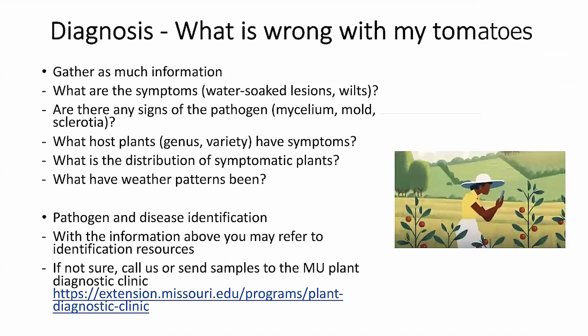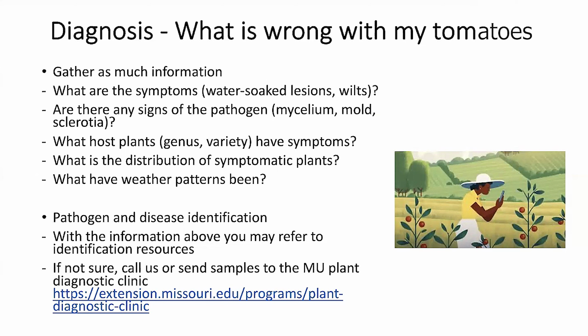And so the next step, suppose you did find plants that have symptoms of timber rot, you will want to perform a diagnosis. And this is just trying to figure out what is wrong with the plant. And so we want to know information such as what the symptoms are, whether there are any signs of the pathogen, what host plants have symptoms, what the distribution of symptomatic plants is like, and also what the weather patterns have been.